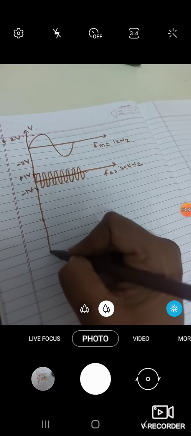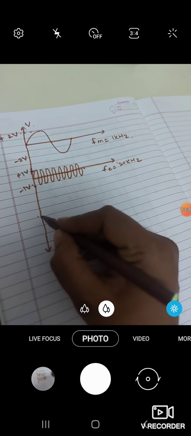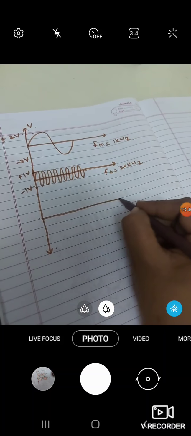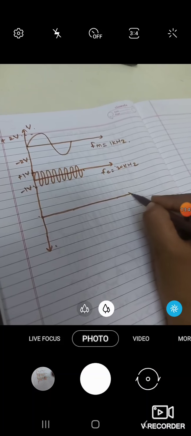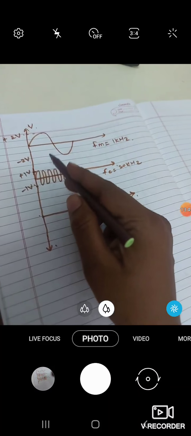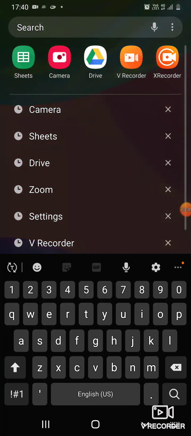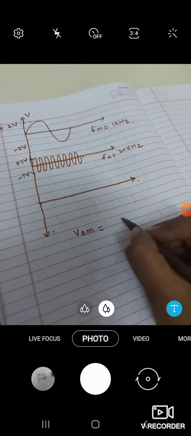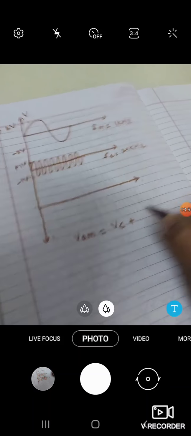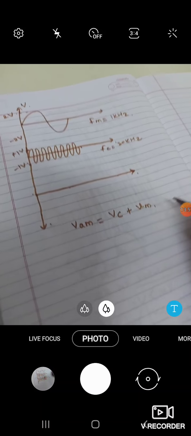Now how to draw the graph of the AM signal, that we will see. Now we are considering the equation of the voltage of the AM signal. Voltage of the AM signal is given by Vc plus the instantaneous value of Vm.